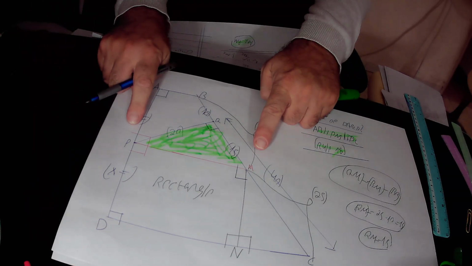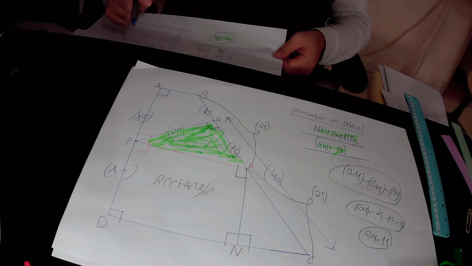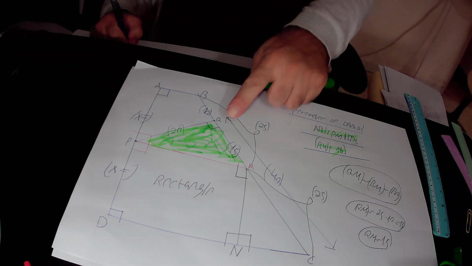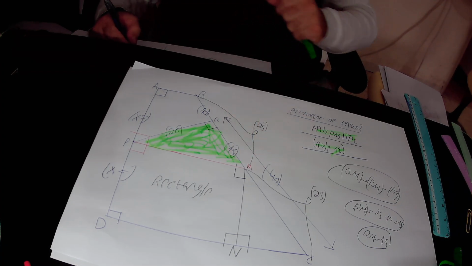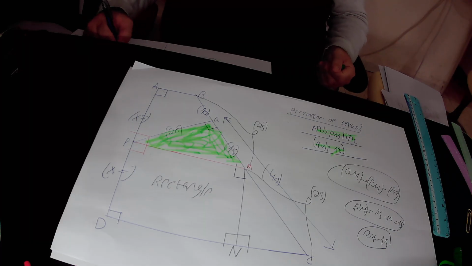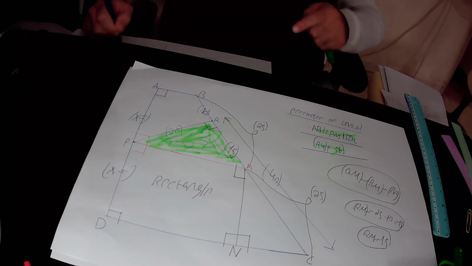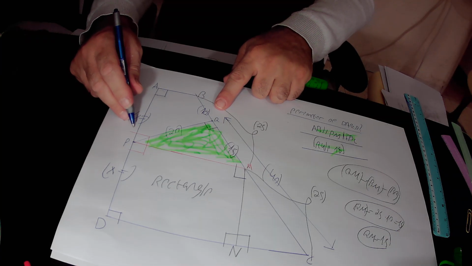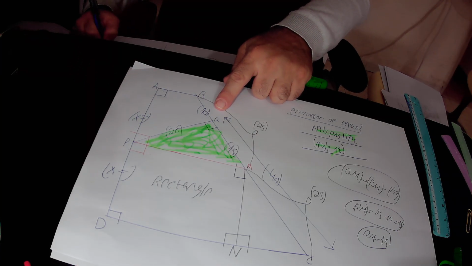PM is the missing hypotenuse, so we leave it as it is, so it is PM squared equals QM squared. QM is 15, and therefore QM squared is 15 squared, this is 225, plus PQ squared. PQ is 20, and therefore PQ squared is 20 squared, that is 400.